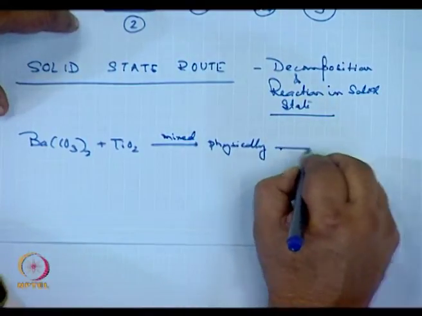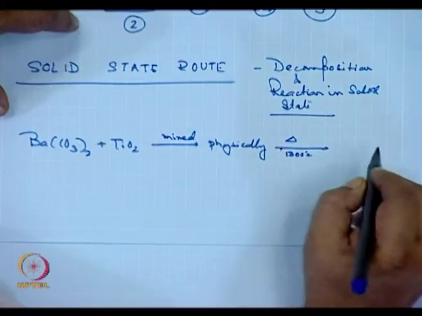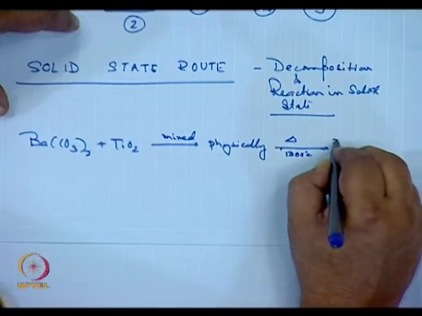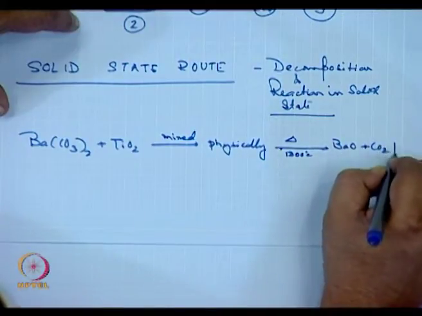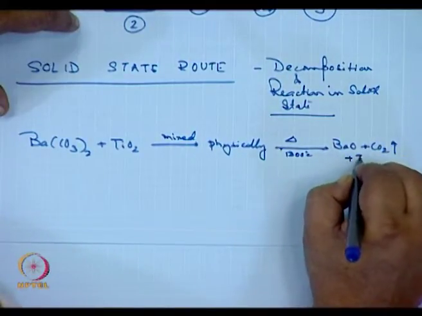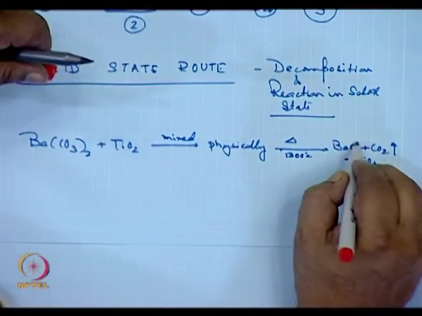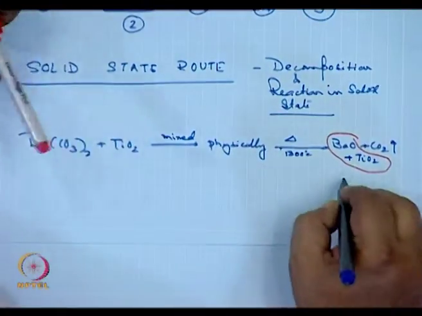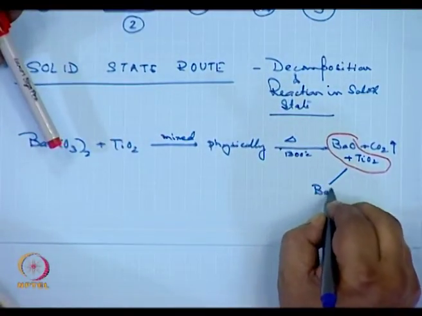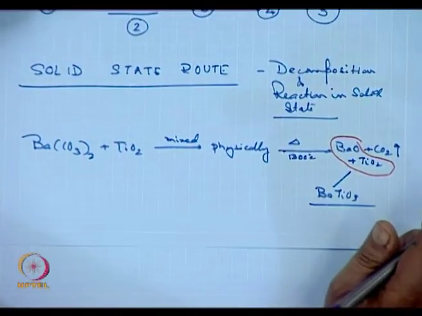After this, they heated it to 1300 degrees centigrade, when barium carbonate decomposed to give barium oxide plus carbon dioxide and titanium dioxide, and this barium oxide and titanium dioxide reacted to give barium titanate. Theoretically, this was the process.